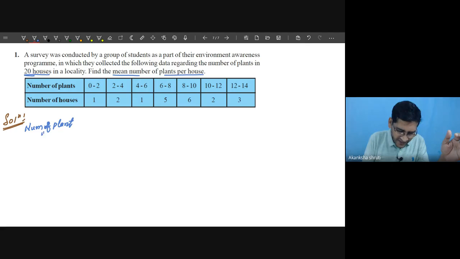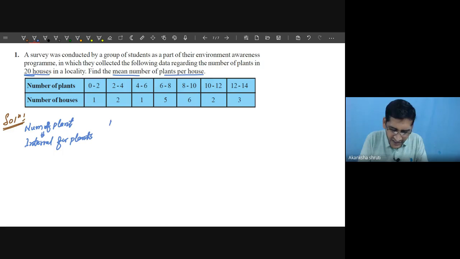So it is giving us the interval for plants. And how many houses are there? Number of houses. So this number of houses is like our frequency Fi.